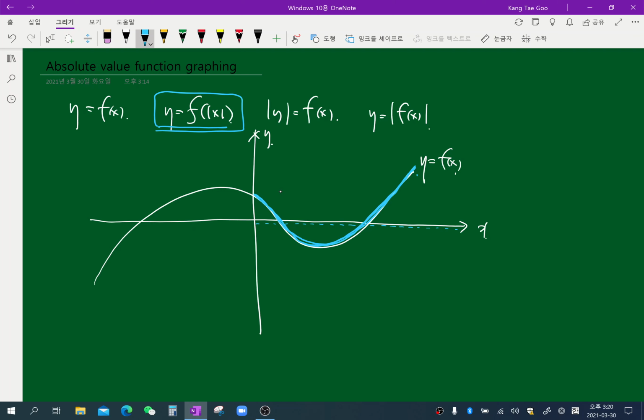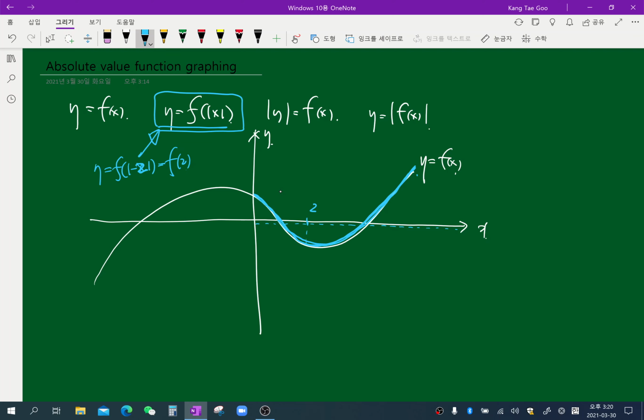Then if x is negative, what happens? If x is negative 2, then y = f(|-2|), which is actually f(2), correct? So, for example, here we have 2.